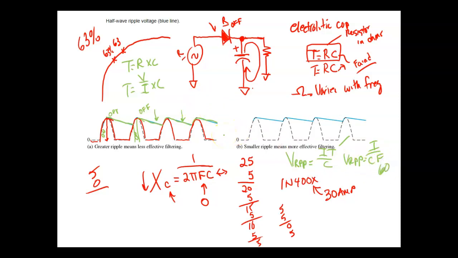So let's come up with some numbers. Let's say my load current, this is the load current by the way, is equal to 200 milliamps. And then I'm using a C of 100 microfarads. So what would be my ripple voltage?